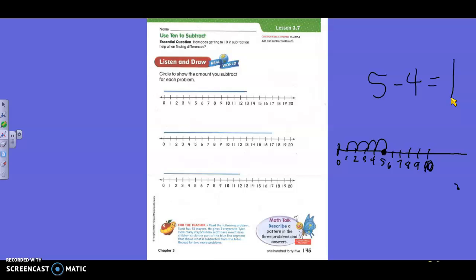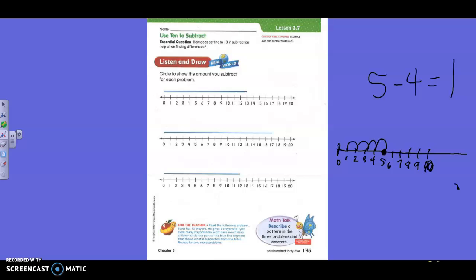All right, so here we go, boys and girls. Here is your story problem. Scott has 13 crayons. He gives 3 crayons to Tyler. How many crayons does Scott have now? Will you add or subtract to solve that problem?